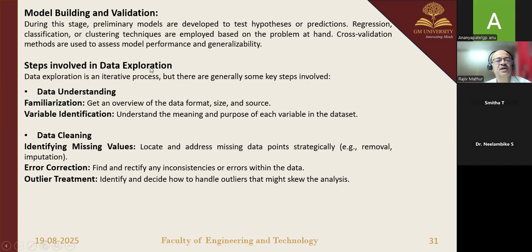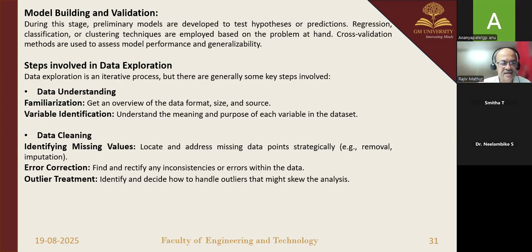The steps involved in data exploration. Data exploration is an iterative process, but generally there are some key steps involved. The first step is to understand the data. So we have to familiarize ourselves with the data, get an overview of the data format, size, and source. Then variable identification, understand the meaning and purpose of each variable in the data set.